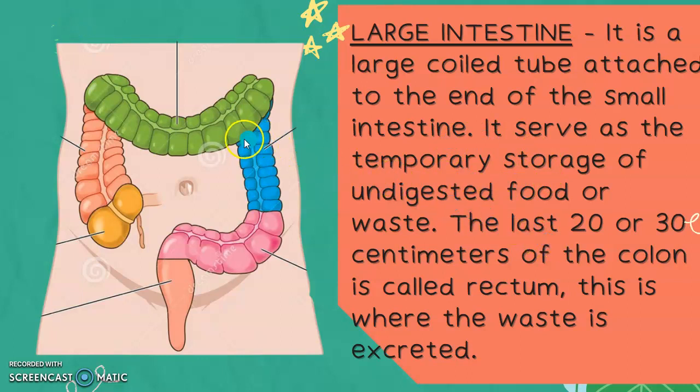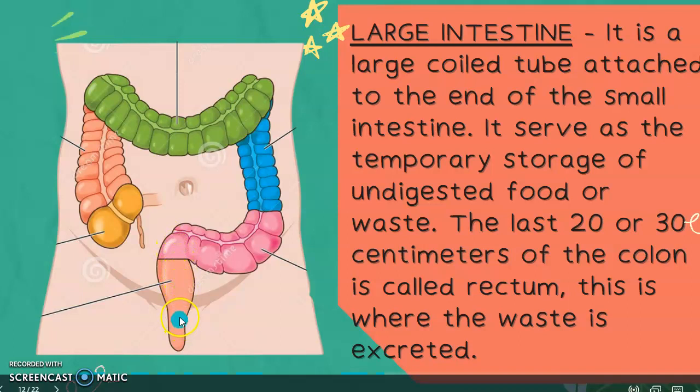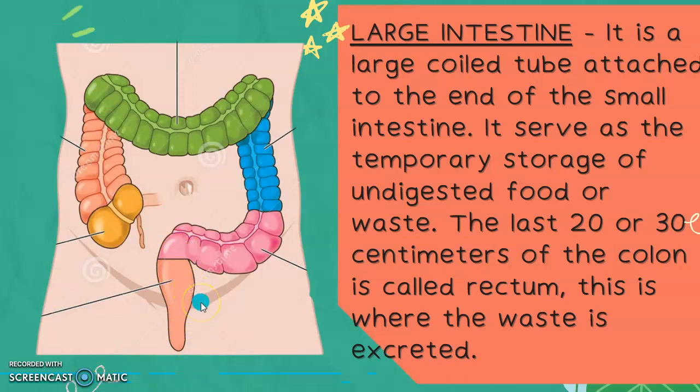So, yung bahagi o yung part ng pagkain na hindi natunaw, dito mapupunta. Kapag medyo madami na yan, hihilab yan, magko-contract, sasakit. At lalabas na yung undigested food dito sa 20 to 30 cm long na kung tawagin ay rectum. Sa Tagalog, tumbong.